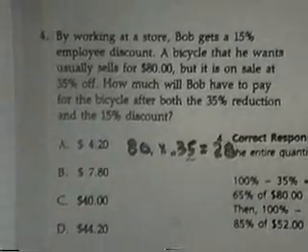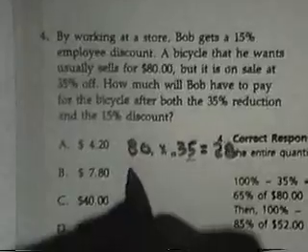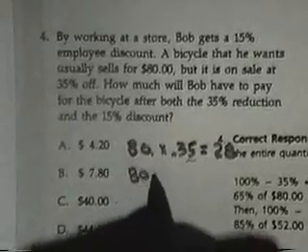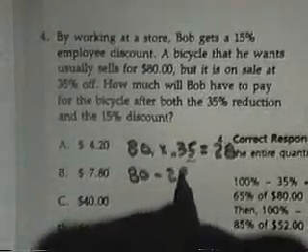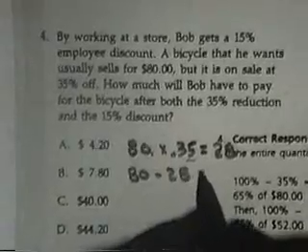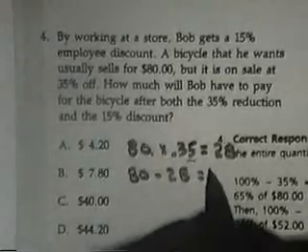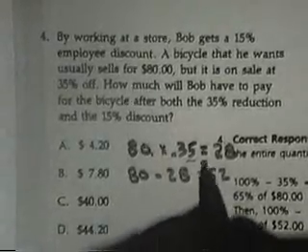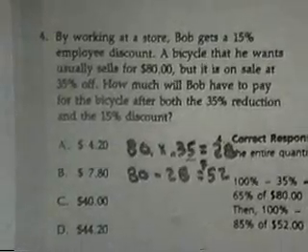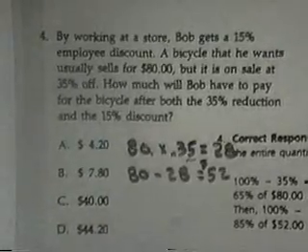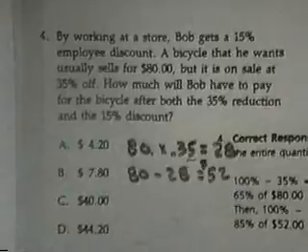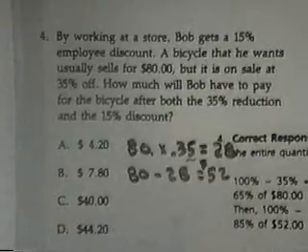So that's how much we get to subtract. So we're going to get to take the $80, subtract the 28, and now we have left $52. That is what the item would cost anybody that came in and got their 35% off of that.